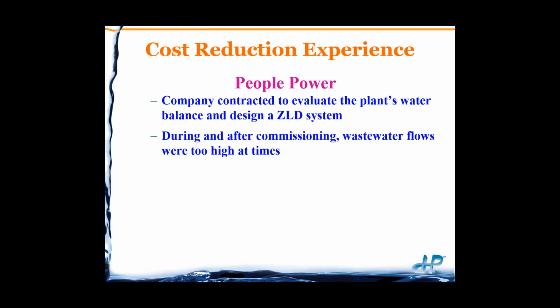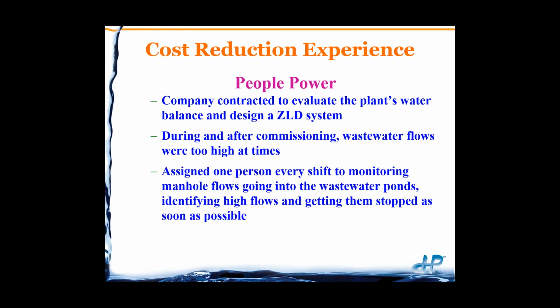So I assigned one person every shift to do nothing but walk around and check manholes, looking for high flow. We learned what wastewater flows went into every manhole. Within a few months, we became experts at water management at our plant, to the point that by doing this, we were able to reduce the wastewater flows almost in half.